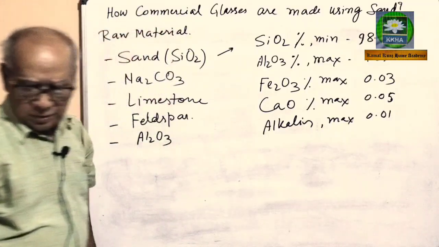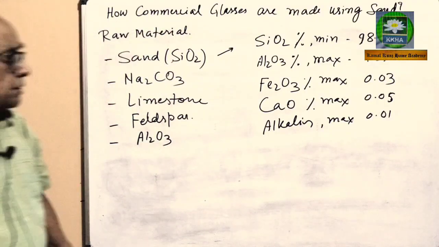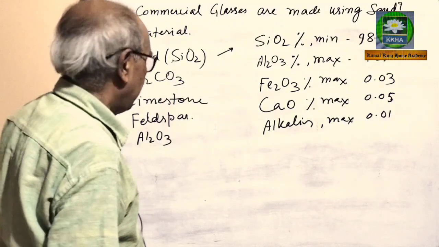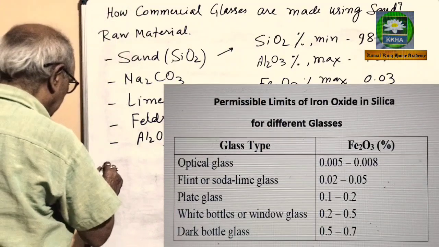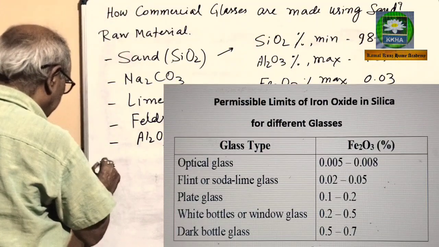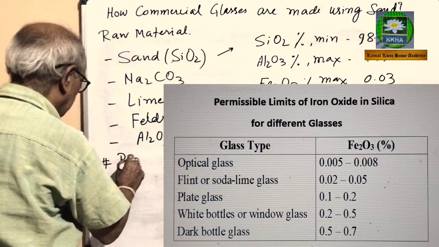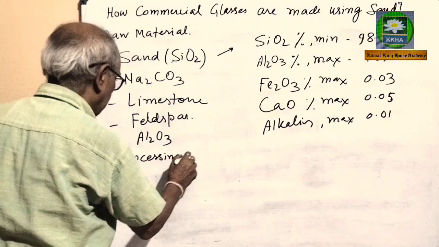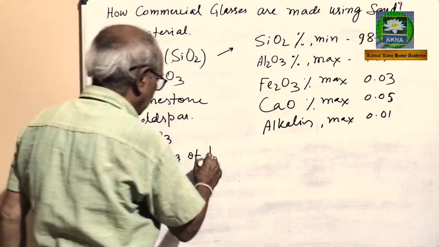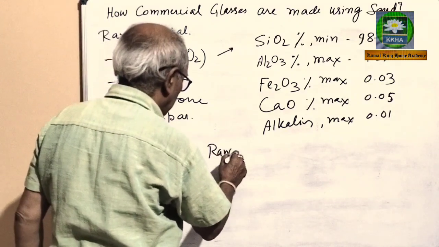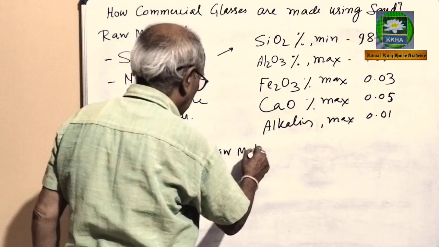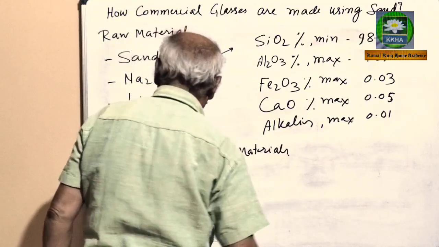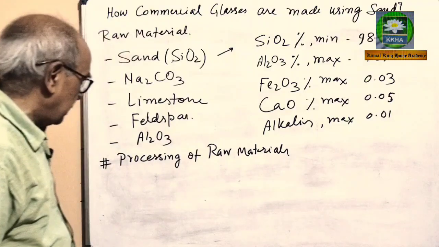Now the picture shows the flow diagram for the manufacture of commercial glasses. Step 1 is processing of raw materials, that is washing, crushing and grinding.